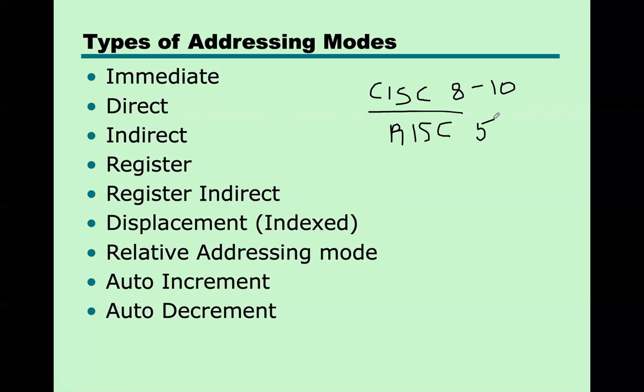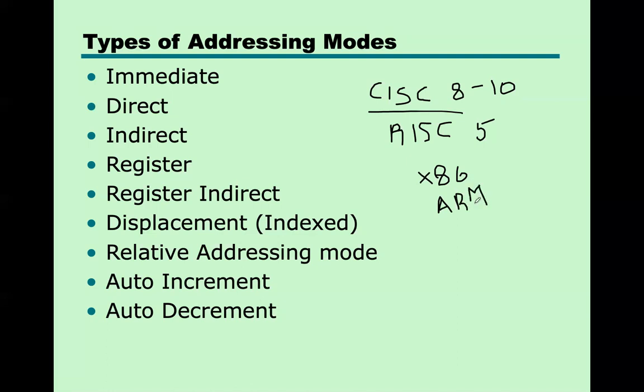These addressing modes also depend on your processor. If it is an Intel x86 processor, it may use some other addressing modes, 10 or 12 addressing modes. Otherwise, if it is an ARM processor, then it may reduce the addressing modes.